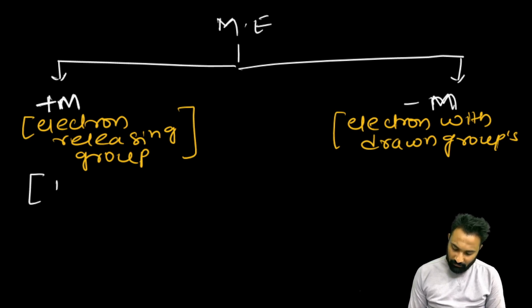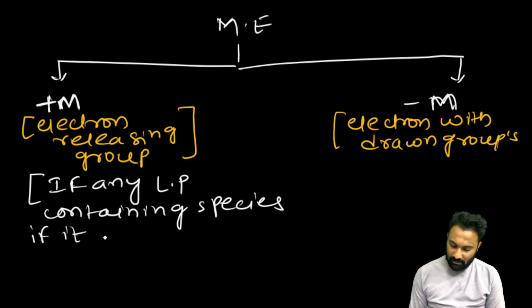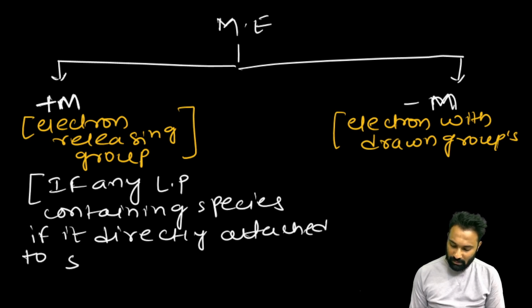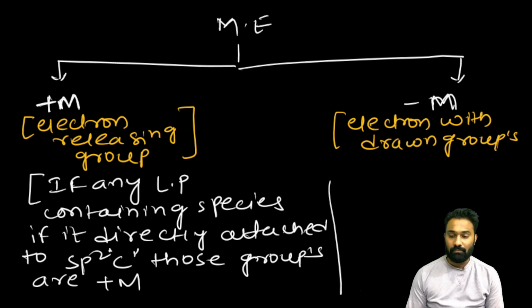Now, if any lone pair containing species is directly attached to an sp2 carbon, those groups are plus M. Clear?